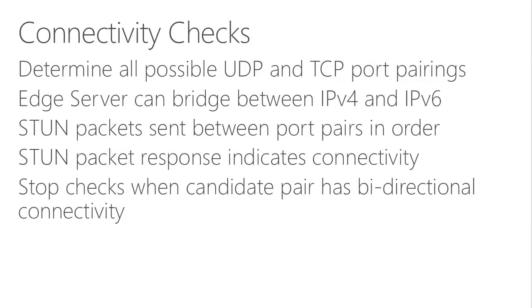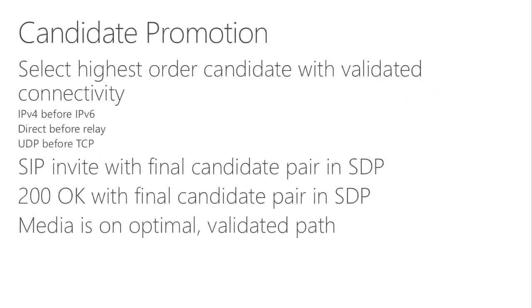So we try to test all possible combinations, and then we sort them and say, well, which are the best ones? And as soon as a pair established a successful connection, we add them to the list. We don't need to test it anymore. We will continue testing until we know which are the best connections.